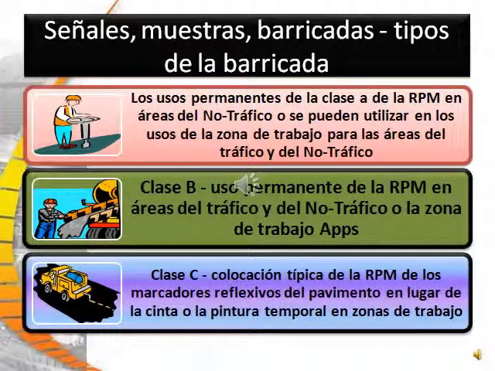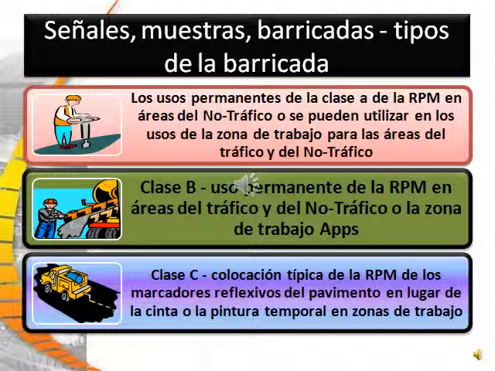RPM Class A. This refers to permanent applications in non-traffic areas that can be used in work zone applications for traffic and non-traffic areas. RPM Class B. This refers to permanent applications in traffic and non-traffic areas as well as work zone applications.